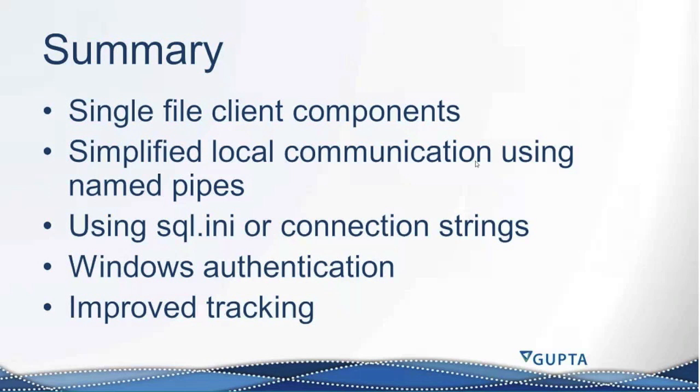You don't have to have everything fully specified in order for the client to locate the server and connect to the database. You can connect using a legacy SQL.ini file, or you can use connection strings and avoid the SQL.ini file. We now support Windows Authentication, and we have the ability to help the administrator locate clients that are connected to the server. Those are just some of the things that we've improved in SQLBase 11.7.